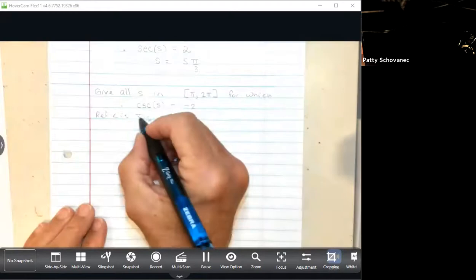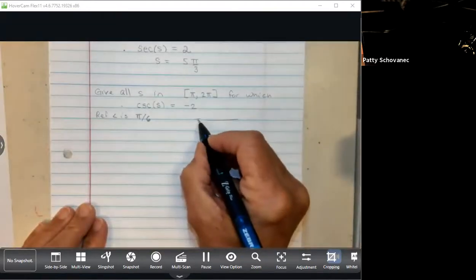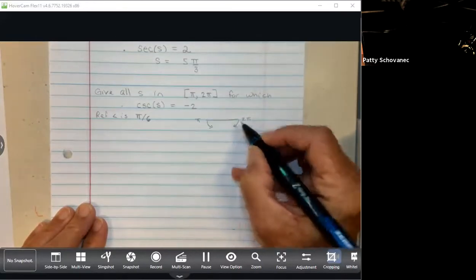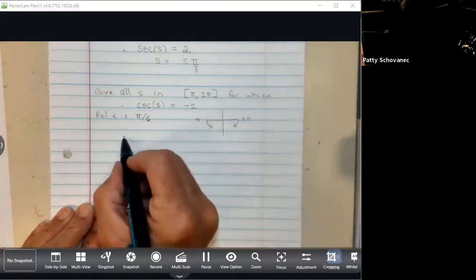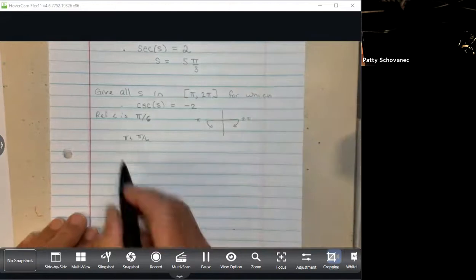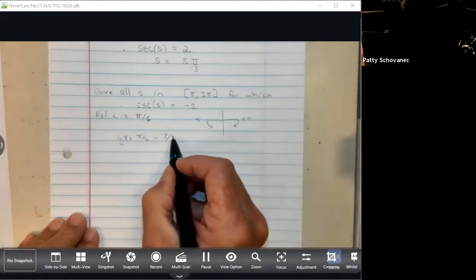So we know I need to go from pi and add pi over 6, and from 2 pi and subtract pi over 6. So pi plus pi over 6 is 6 plus 1, 6, is 7 pi over 6.